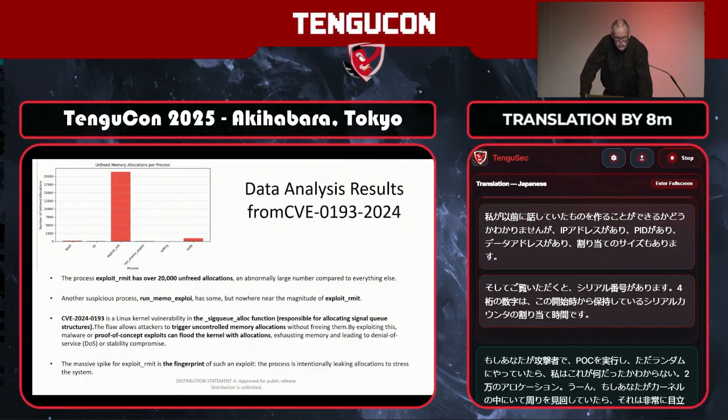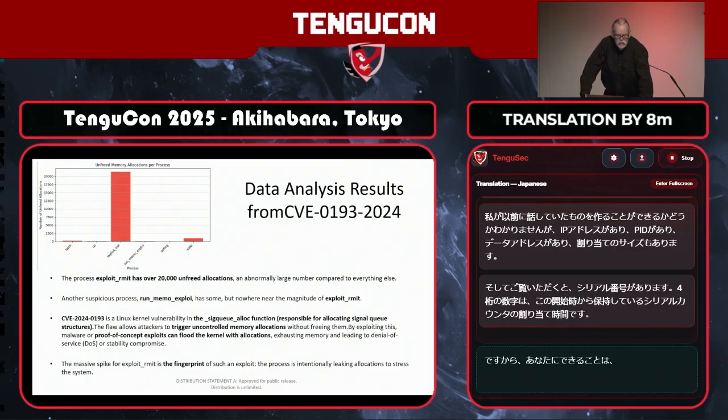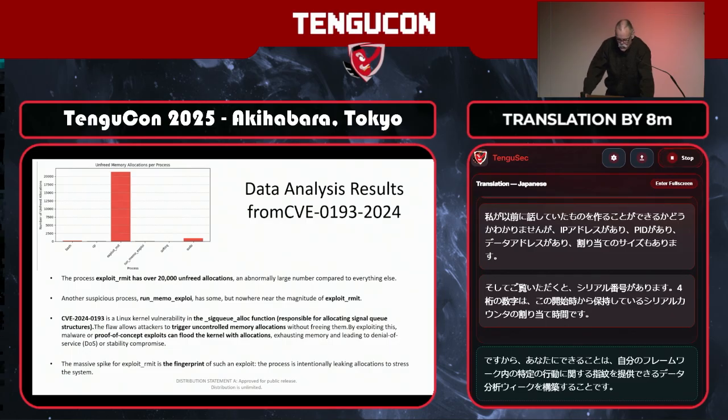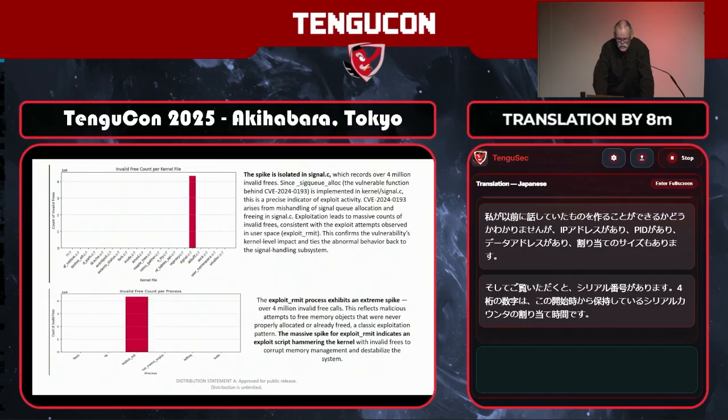What you can do is build a data analysis suite that can provide fingerprints for certain behavior that within your own threat model may not be something you would want to allow. Another example is a spike isolated in signal.c, and I think this came out of a rootkit.